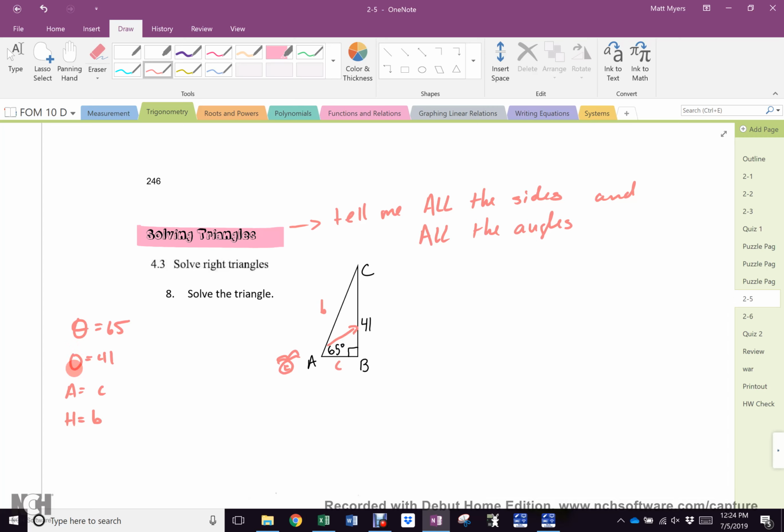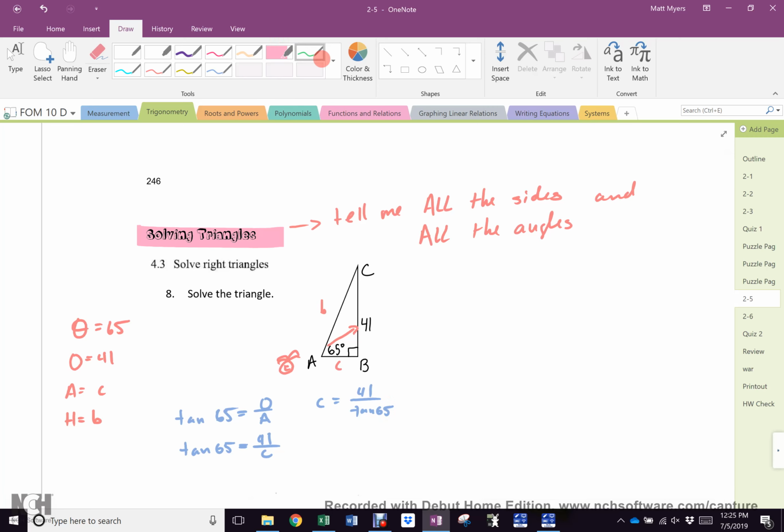So, which do you wish to do first? We're going to do tan? Okay. So that means tan of 65 equals O over A, which is tan of 65 is 41 over little c. So little c equals 41 divided by tan 65.